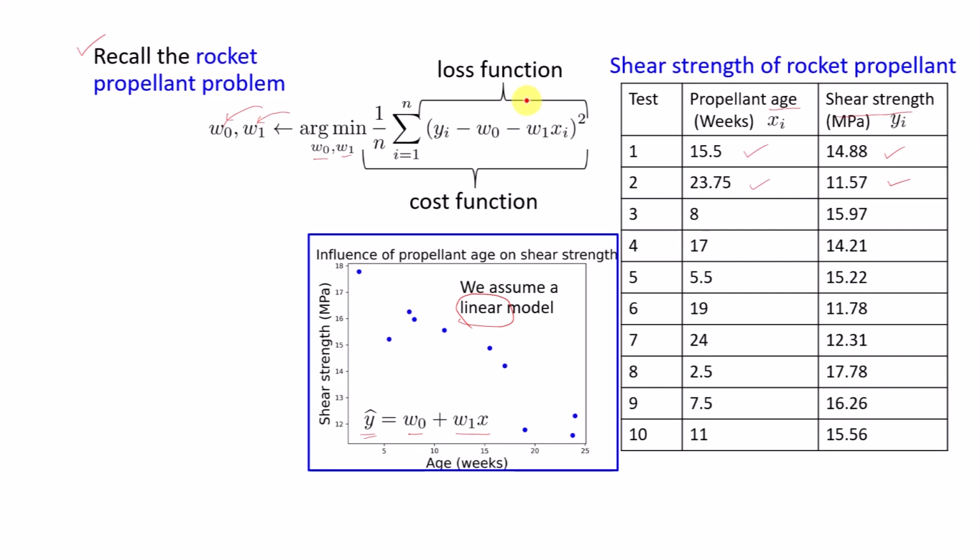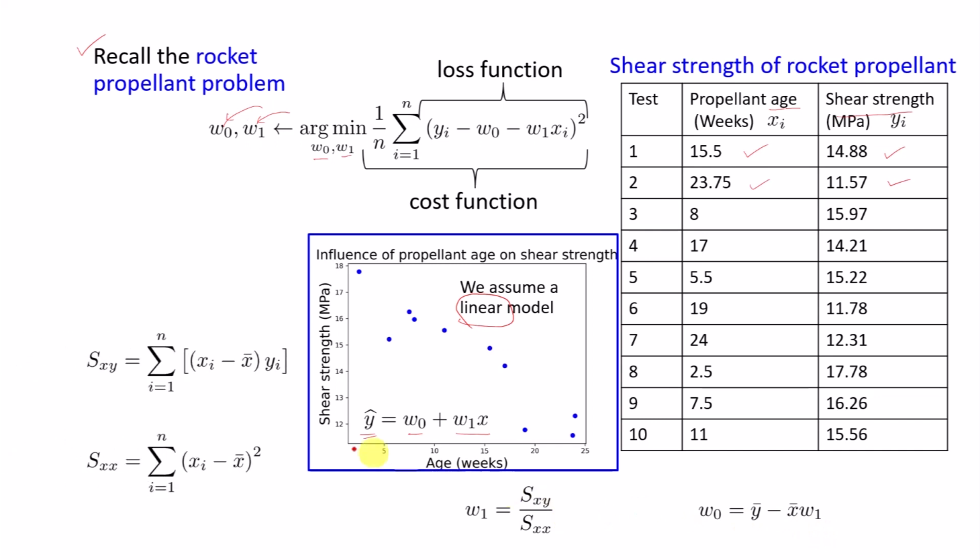We will not discuss that once again. We will simply use the mathematical expressions that we have derived in previous lectures. We know that w1 will be given by sxy divided by sxx, and once we get w1, w0 we can get from y bar minus x bar w1. The expressions of sxx and sxy are as follows.